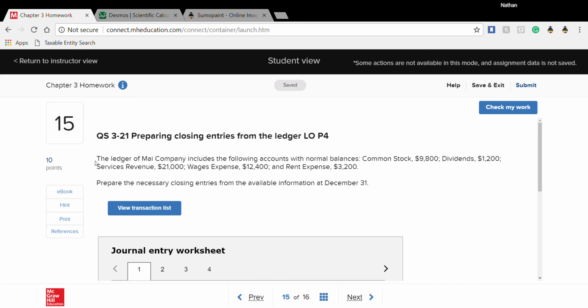The ledger of my company includes the following accounts with normal balances: common stock, dividends, service revenue, wages expense, and rent expense of whatever amount they are for you. For me, here they are. I will tell you this: knowing your closing entries, we know closing entries only deal with dividends, revenue, and expenses.